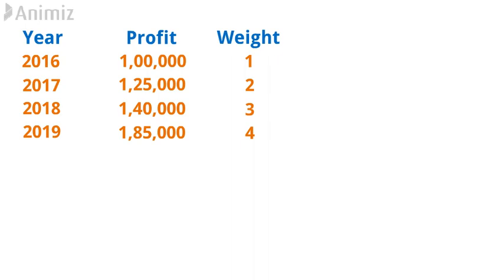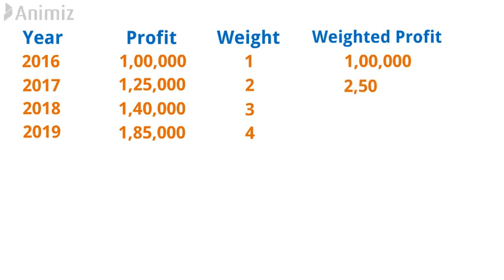Now in the next step we will calculate weighted profit. Weighted profit is nothing but just a multiplication of profit into weight. So the weighted profit of 2016 will be 1 lakh into 1, so 1 lakh; 1,25,000 into 2, so it will be 2,50,000; 1,40,000 into 3, so it will be 4,20,000; and lastly 1,85,000 into 4, so it will be 7,40,000.